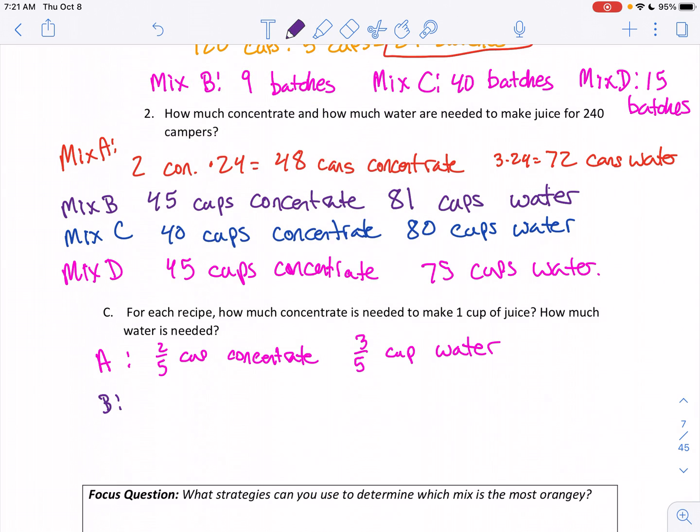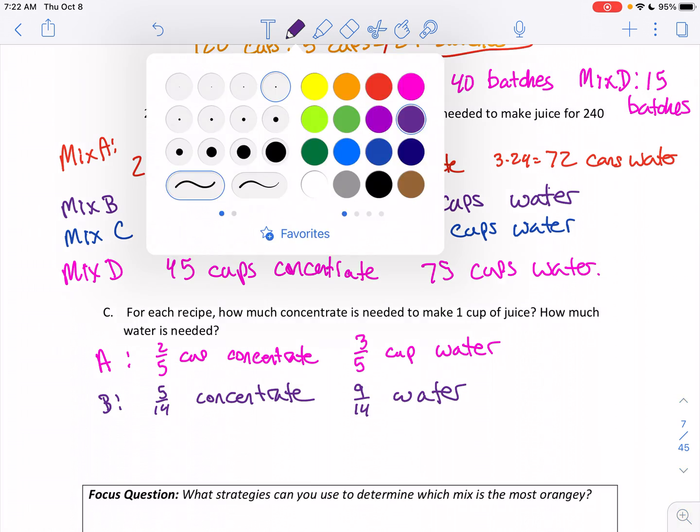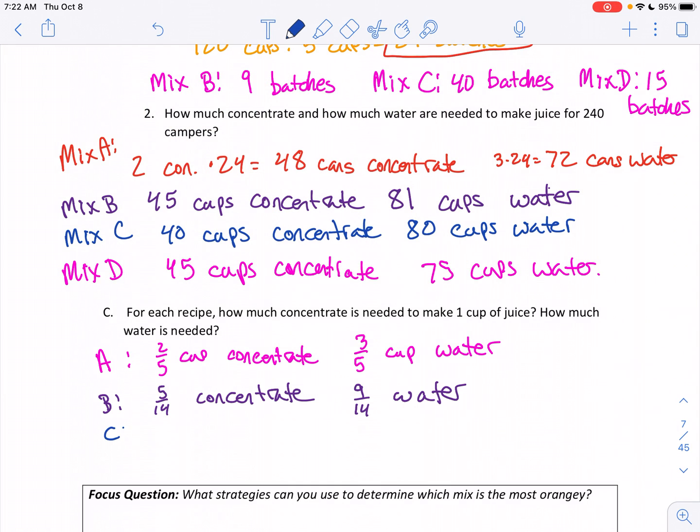For B, it would be 5/14 concentrate, and then 9/14 water. For C, 1/3 concentrate, and then 2/3 water.